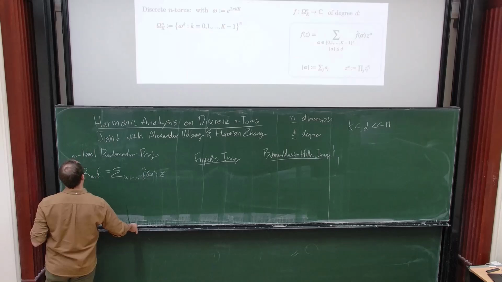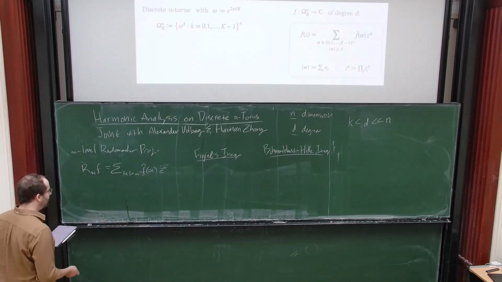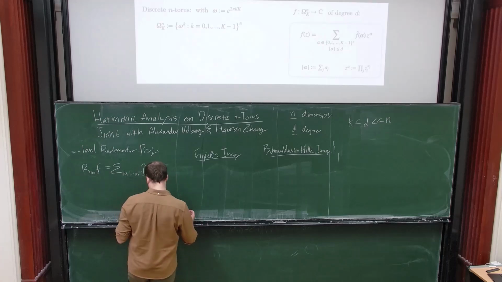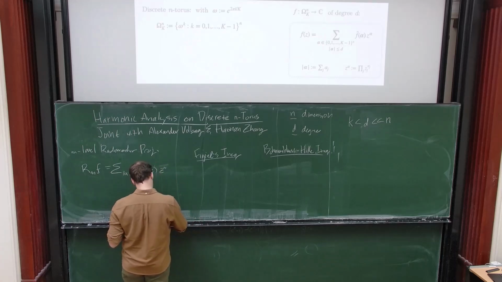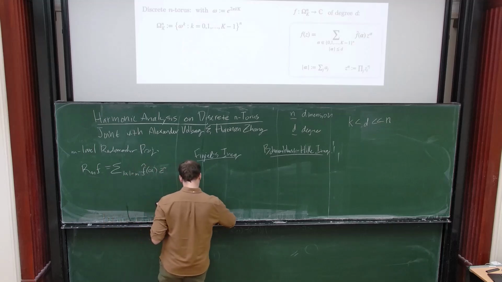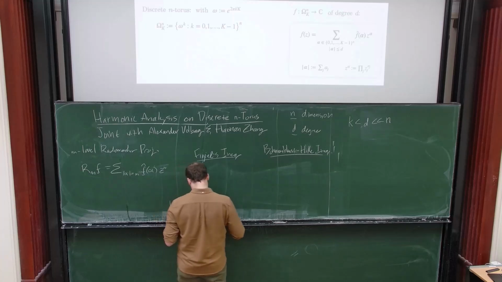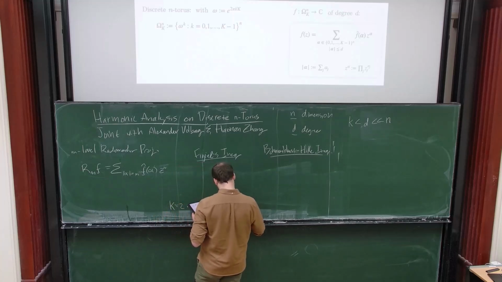With this Rademacher projection defined, Figiel's inequality says for the hypercube, so this is capital K equals 2, that we have a dimension-free bound on the supremum norm.